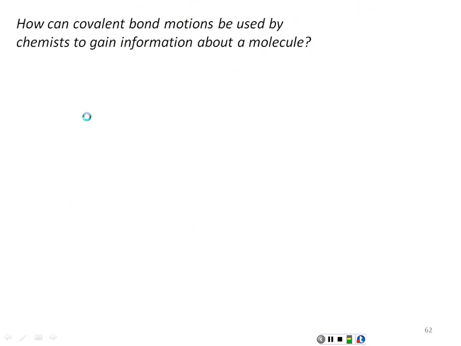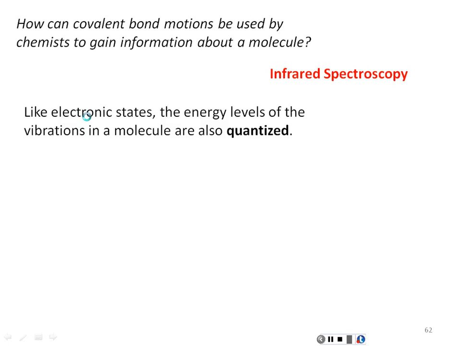So what's the big deal? How can covalent bond motions be used to gain information about a molecule? And the answer to that is using infrared spectroscopy. Like electronic states that we saw in Chapter 7, energy levels of vibrations in bonds are also quantized.